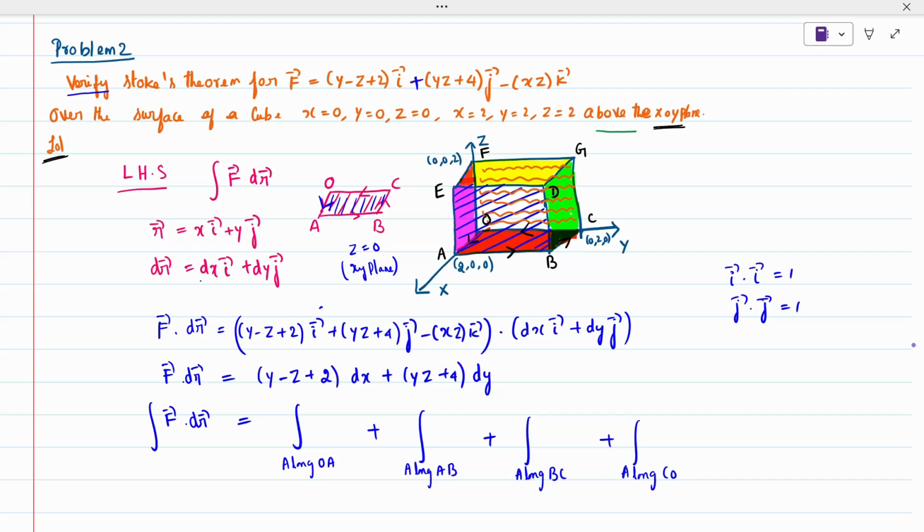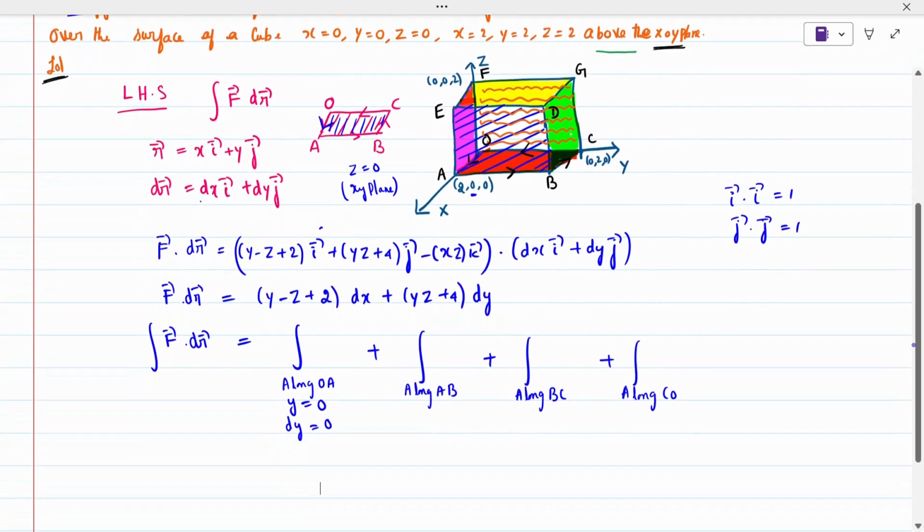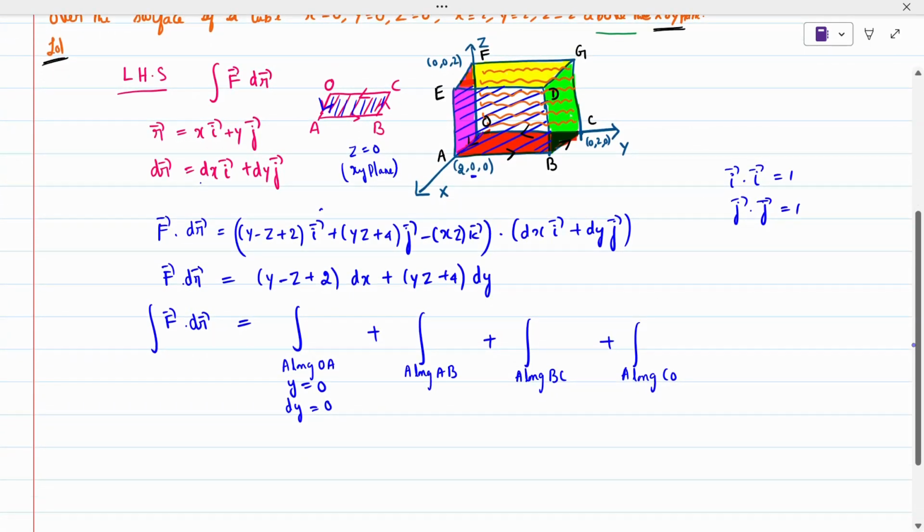So along OA, you know that this is our line, which means y equals 0. So y equals 0 means dy is 0. Z is also 0 and dz is also 0, both are 0 because it is on the border line.